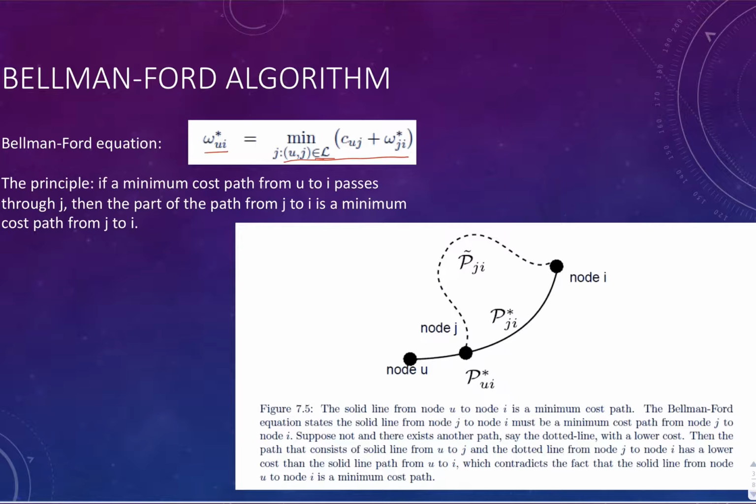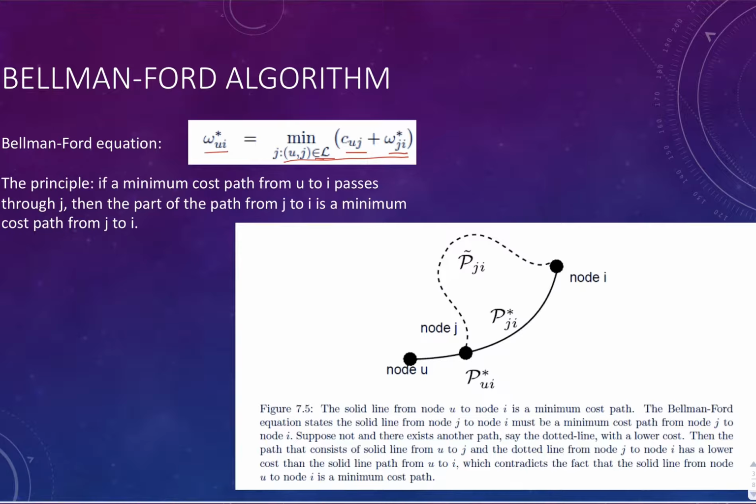The direct cost from node U to node J plus the best available cost of node J to node I.